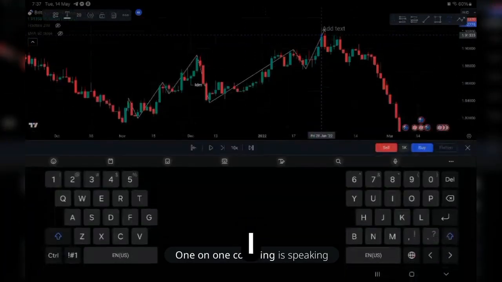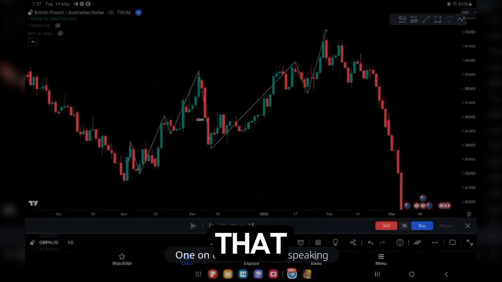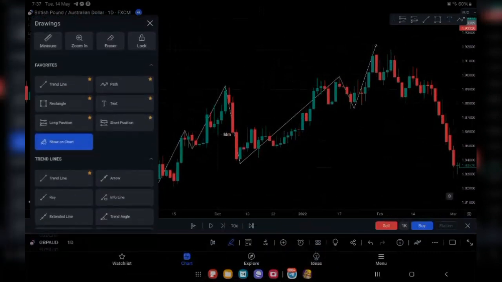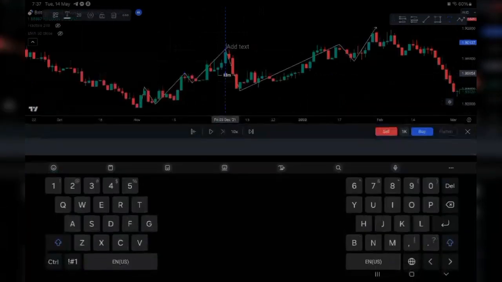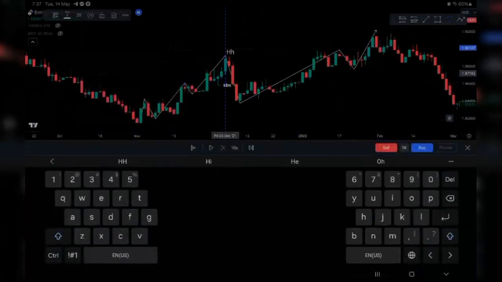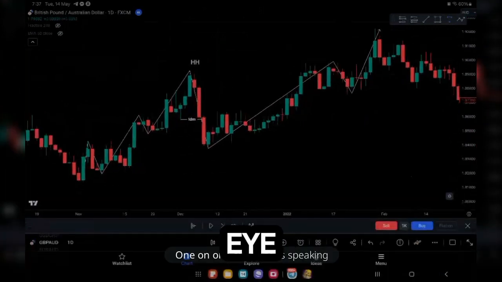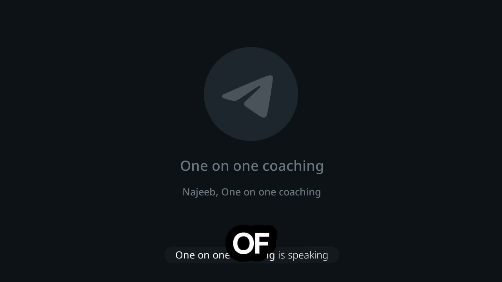That's not the higher I. The higher I is that move that created that correction. That's the first higher I. Yes. Good. And once you see that higher I, the next thing is another impulsive move that causes a break of structure.